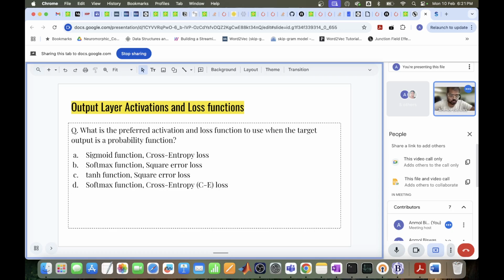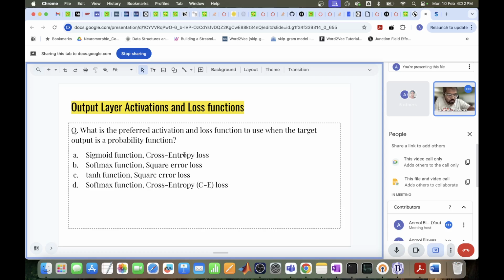Knowing that we do not use sigmoid activation functions, what do we use? Given that the target output is a probability distribution function, what is the preferred activation and loss function to use? You have a bunch of options with different combinations of the activation function and the loss.